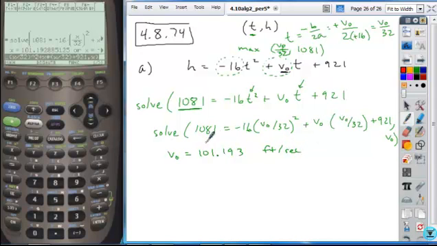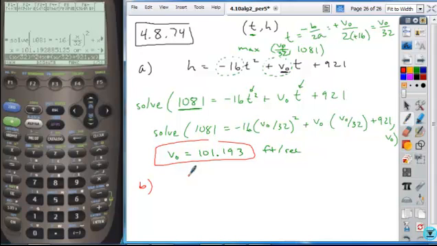If I move to the second part of this question, it's to compare how much time it should take based on these findings for the ride to take. And it says that it takes 2 seconds. But let's see if we plug this initial velocity in and find out what we actually get.